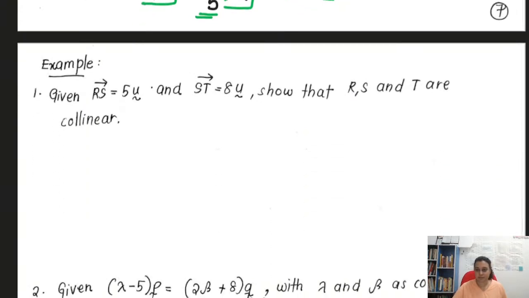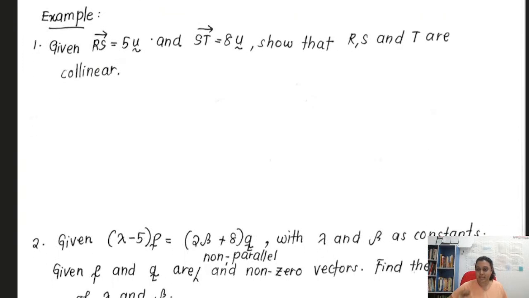Okay, here. In this example, diberi RS, we are given our RS vector. We are given our ST vector. Show that R, S and T are collinear. Maksud collinear, what does collinear mean? Anybody here know what it means? Collinear. Apa maksud collinear?